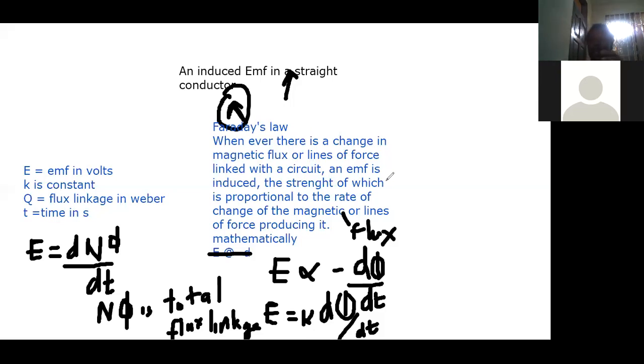So the rate at which the magnetic lines of force change is proportional to the strength. So if it is changed well, then the strength will also increase.